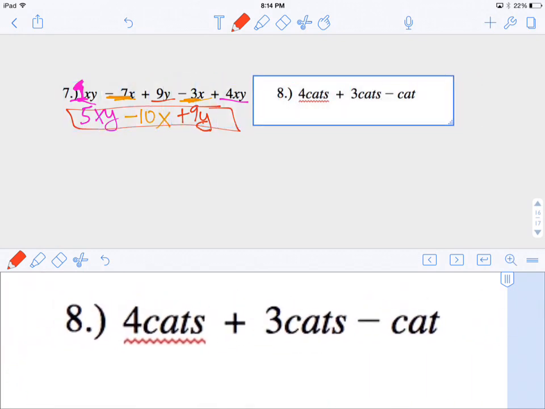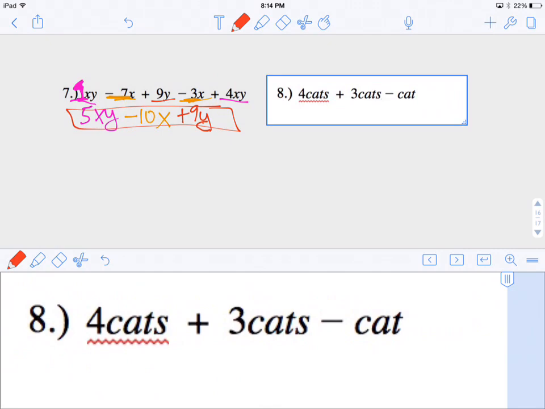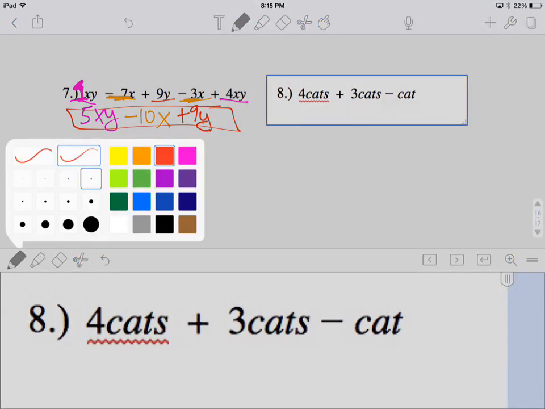This one I thought was a little tricky because sometimes variables are full words. So we got 4 cats and 3 more cats. And then we have minus cat. Cats and cat are not the same variable, believe it or not, because they're not exactly the same letters. I just put that in there to be mean.